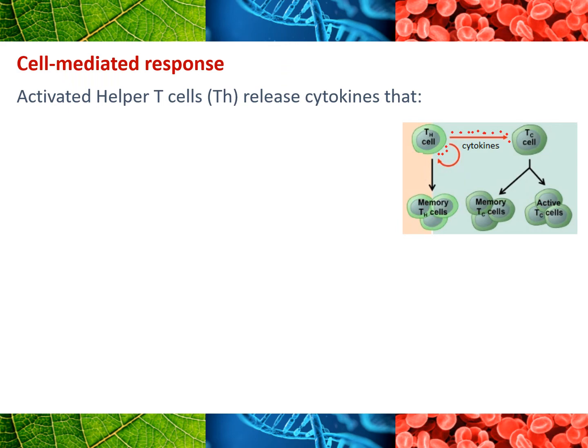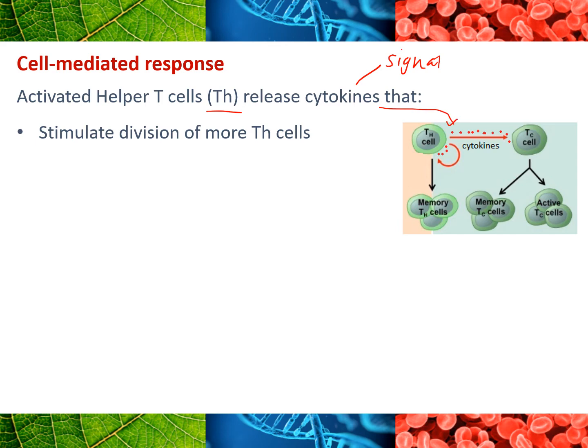We'll start by looking at the cell-mediated response. So once that helper T cell has been activated, it will release cytokines, signaling molecules. And those cytokines do a few different things. One thing that they'll do, and the cytokines are these little red dots in this diagram, is stimulate more helper T cells, because we're going to need more of these cells to be produced.